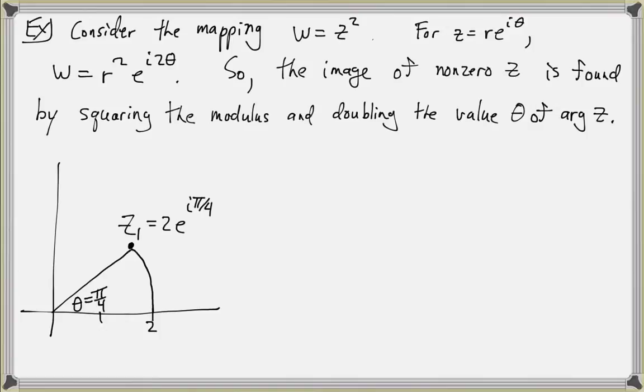So let's see how this wedge shape would be transformed under the function w equal to z squared.